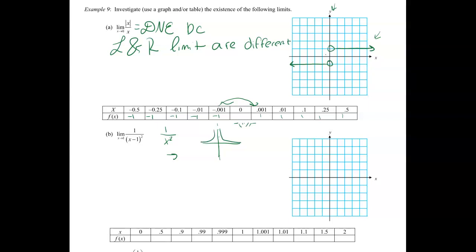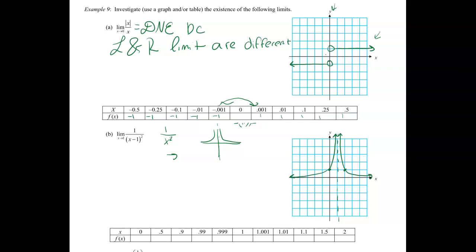We're going to shift it to the right, which means my asymptote, instead of being at 0, is now going to be at 1. And again, when in doubt, t-chart it out. At 2, I should get the point of 1. At 0, I should also get 1, because I can get 1/1. From there, I get some very ugly numbers. Again, I always approach that vertical asymptote. I never actually touch it.